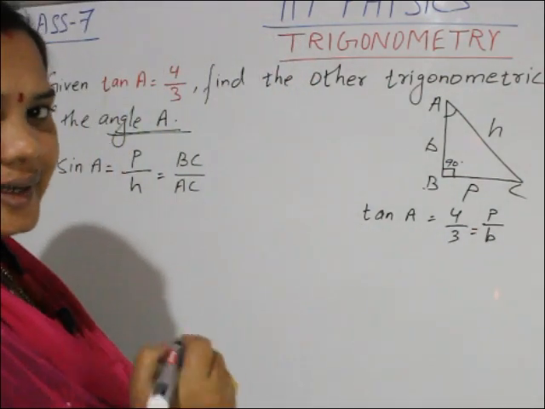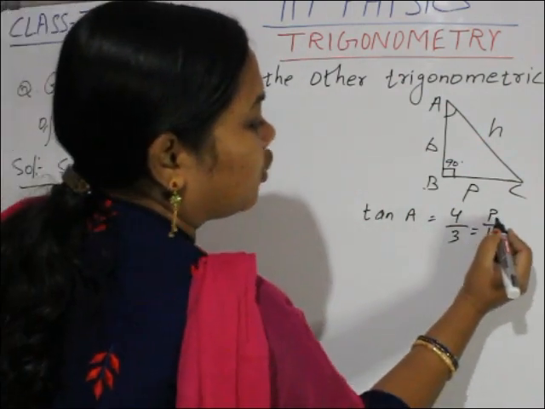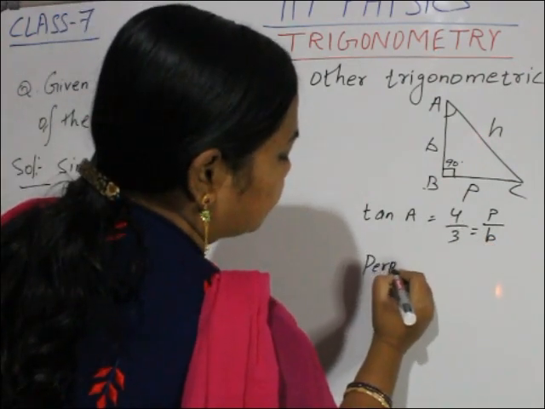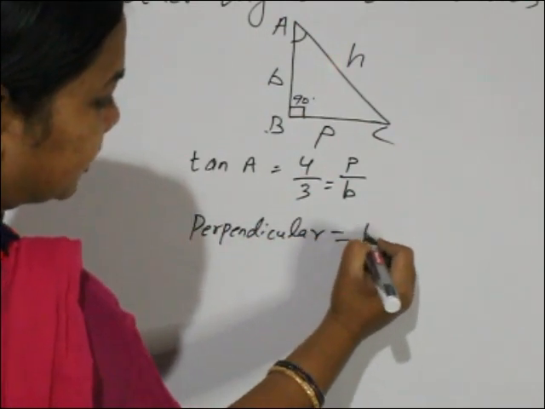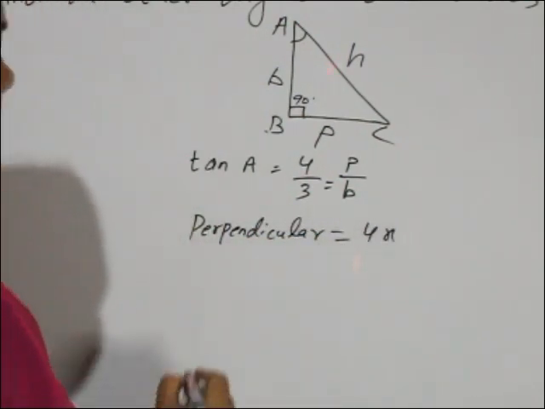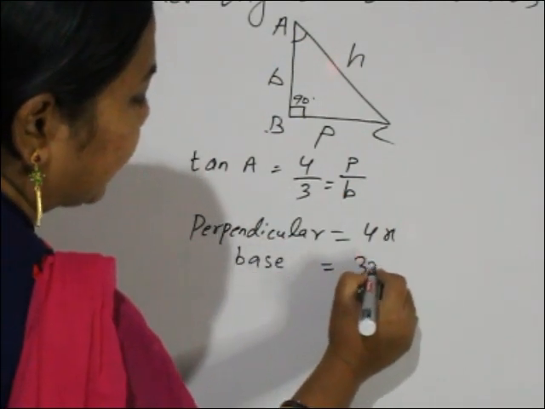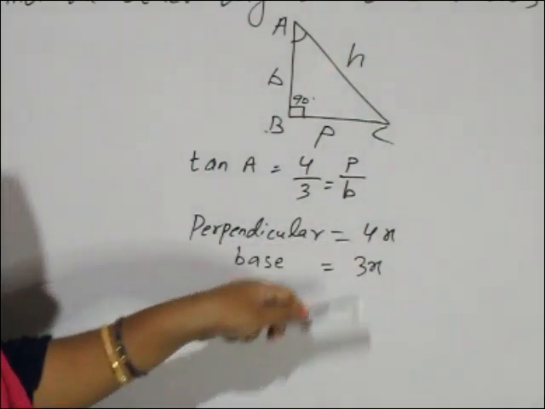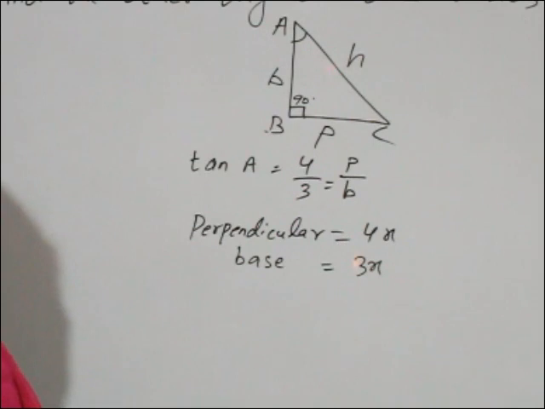So the perpendicular is 4 units, that is 4x, and base is 3x. Now you will think, why is it multiplied with x? Perpendicular 4x and base 3x.